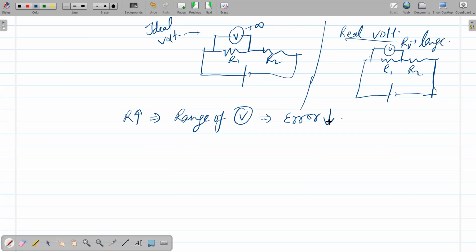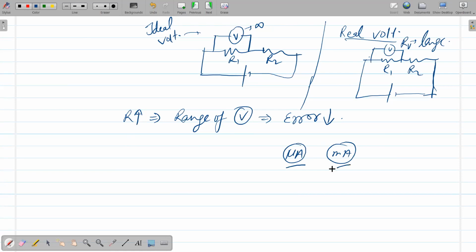Okay, listen to me. If somebody says that you have a microammeter and a milliammeter, now tell me which has a small resistance, microammeter or milliammeter?